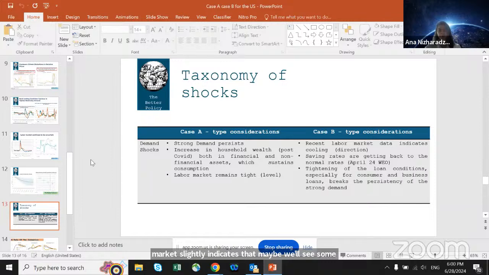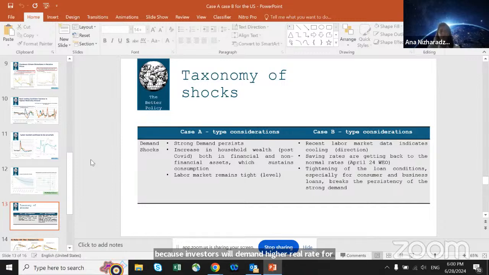So based on all this, we think that under case A scenario, the Fed funds rate will increase slightly or stay at the current level for a longer period. And under case A, strong economic activity remains longer, and it may turn into higher real rates because investors will demand a higher real rate for a longer period.